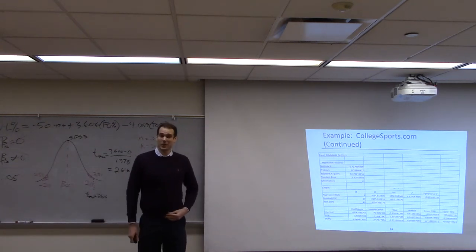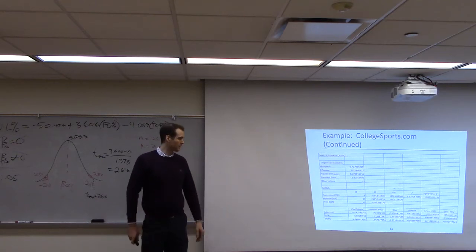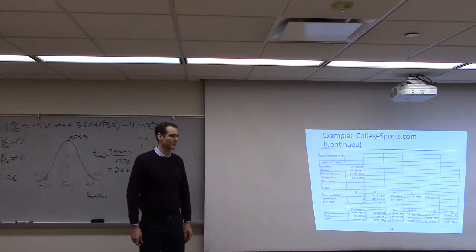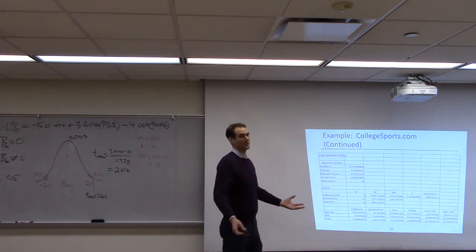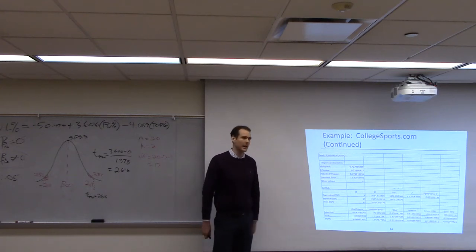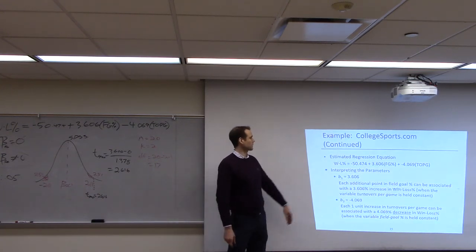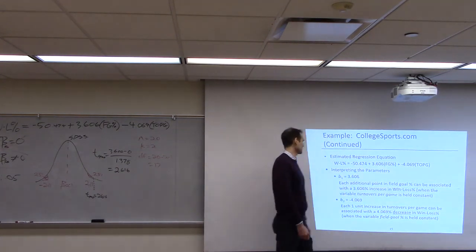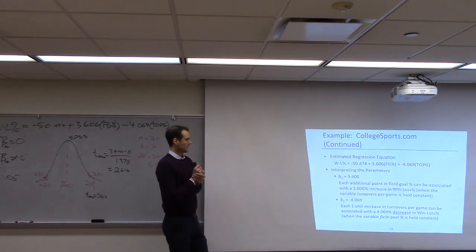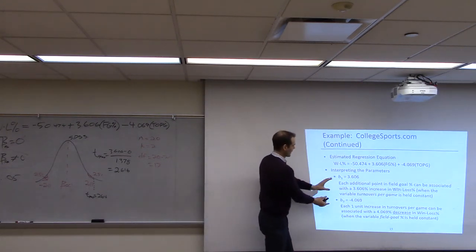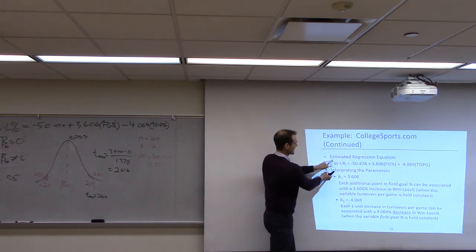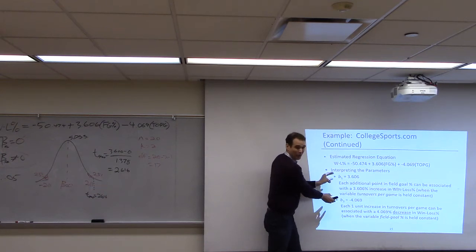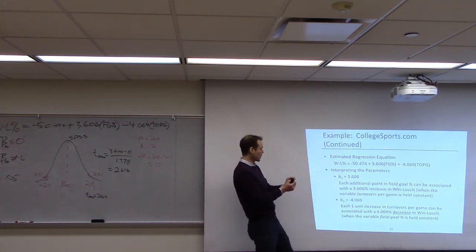Alright, so let's go ahead and get started again. We spent a lot of time discussing this multiple regression analysis. We looked at what we already knew, and we talked about a few things we didn't know, which we're going to learn tonight. We estimated this regression equation: win-loss percentage could be predicted by field goal percentage and turnovers per game. Then we talked about how the independent variables, which predict the dependent variable, could possibly be correlated to each other, and that's a problem we need to watch out for.